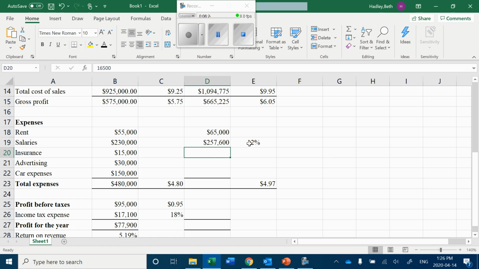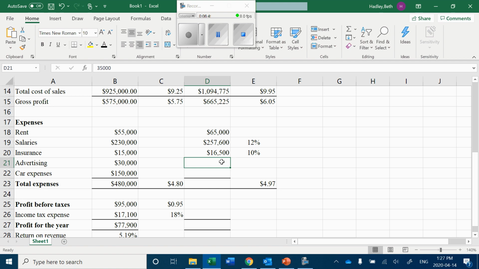Our insurance is an increase of 10%. So again, we'll put 10% there. So we've got equals 10% multiplied by the 15 plus the original 15. Oh, I just didn't unblock it. So that gives you your 16,500.